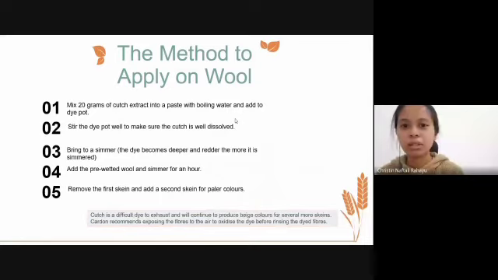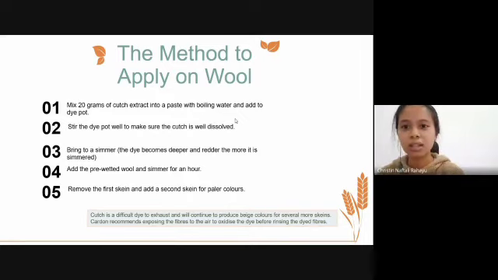Bring to a simmer and ladle the dye as it simmers. Next, add the pre-wet wool and simmer for hours. The last is the first stain and second stain for color.